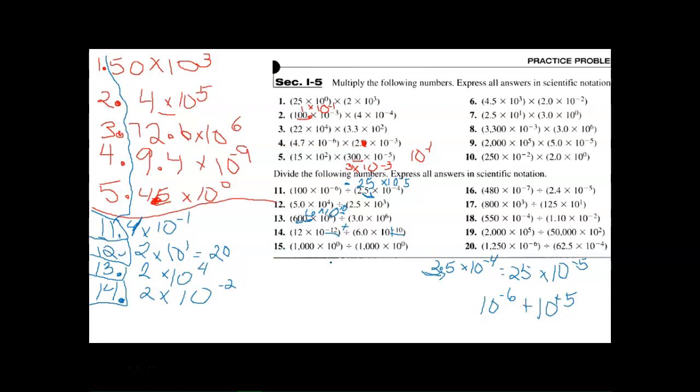And if you hadn't figured out 15 is 0, just 0, because 1,000 divided by 1,000 is 0. No, you're right, it is 1. I'm sorry.